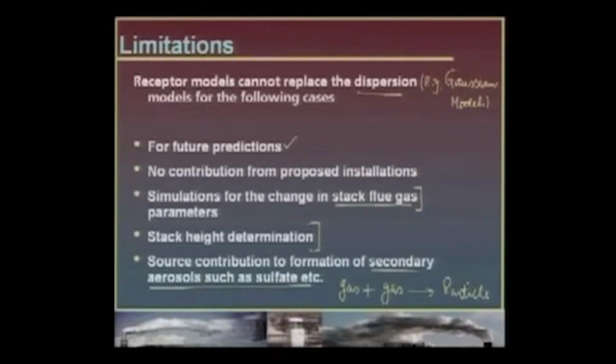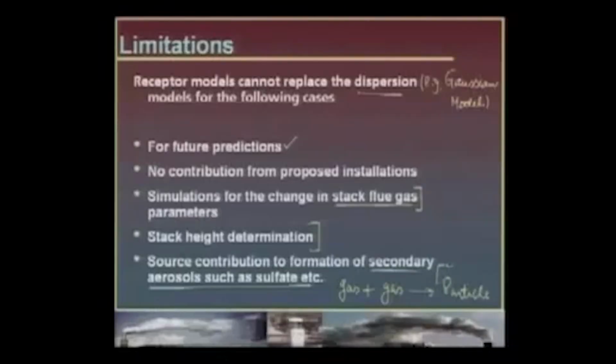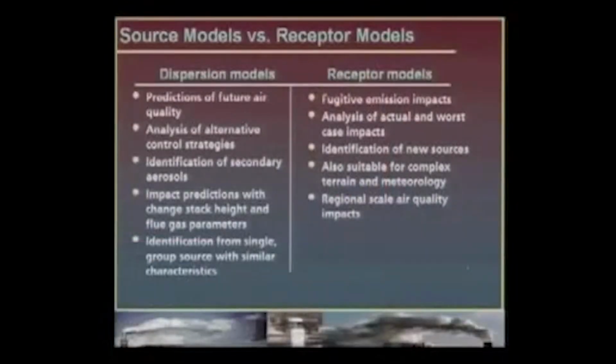If such a reaction or mechanism is happening, the receptor model would not be able to tell you with great confidence who is contributing to the formation of the particles which are secondary in nature. So it's not that the receptor model can answer everything. There are certain things which the receptor model cannot answer. Nonetheless, receptor modeling is a very powerful and useful tool.